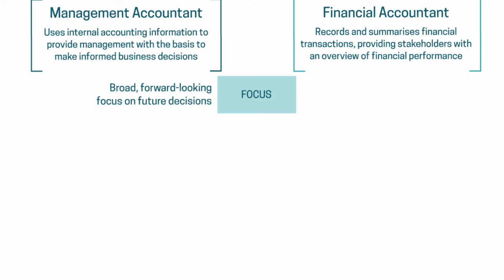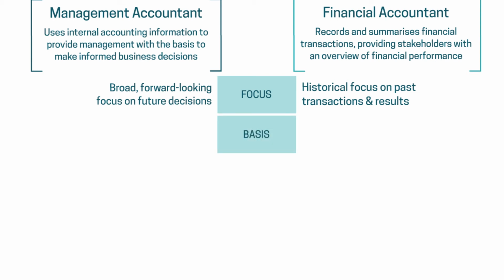So Bob would, for example, predict the profitability of a new range of shoes, or the likely impact on profits that opening new stores in a different country would have. Whereas financial accountants focus on historic information and recording past transactions. So Megan would record and organise all of last year's transactions to calculate last year's profits. And the basis of the information that both uses also differs.